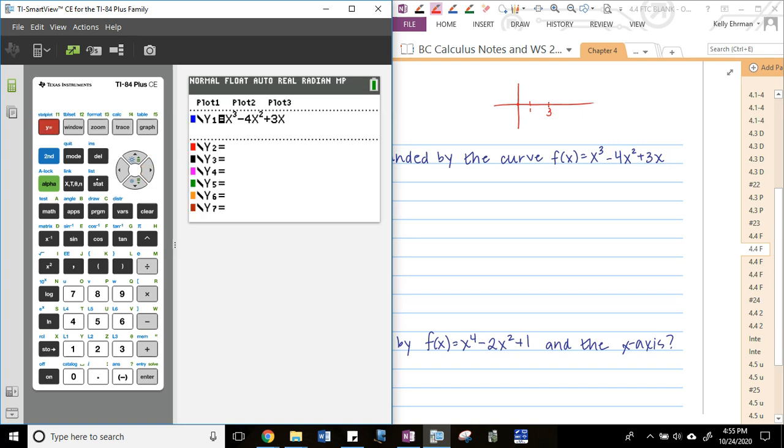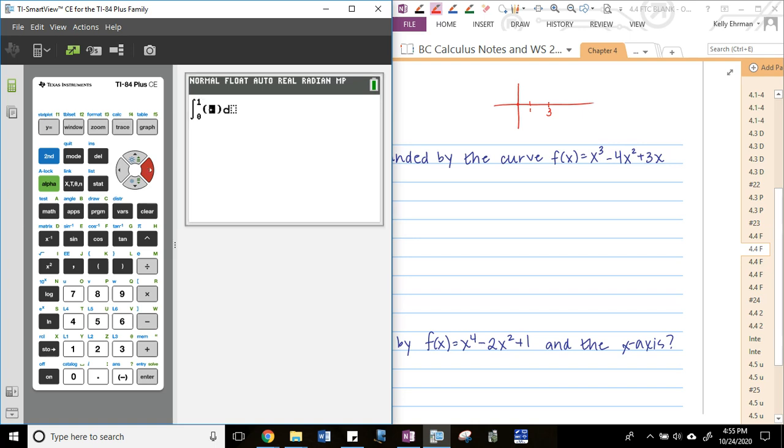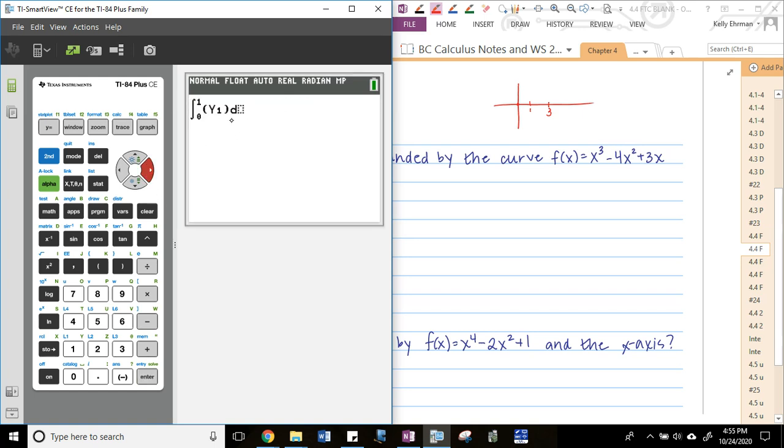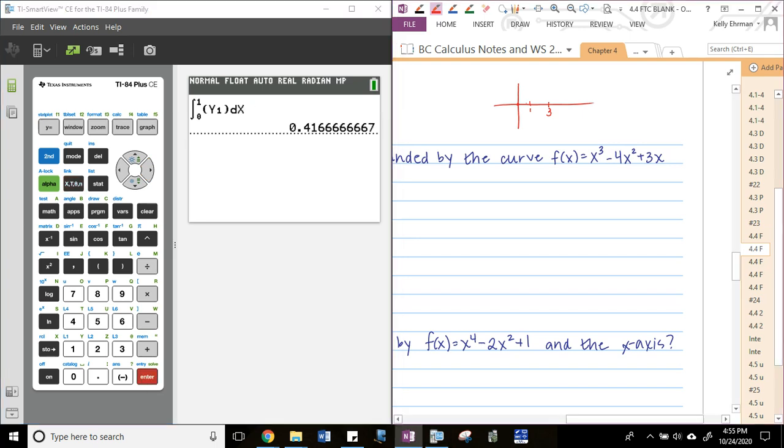If I don't feel like typing it in again, you can type in y1: vars, y-vars, function, y1. And whatever you have entered into y1, it'll put that in there. This is the first area, that little positive area right there, was 0.417.